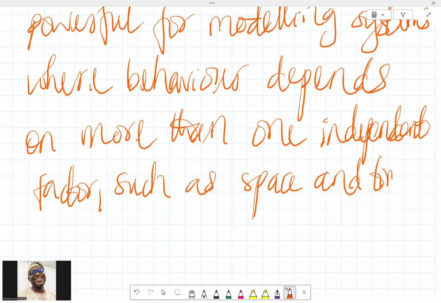So whereas an ODE can take care of only space, or only time, PDEs can take care of both space and time, and even more.